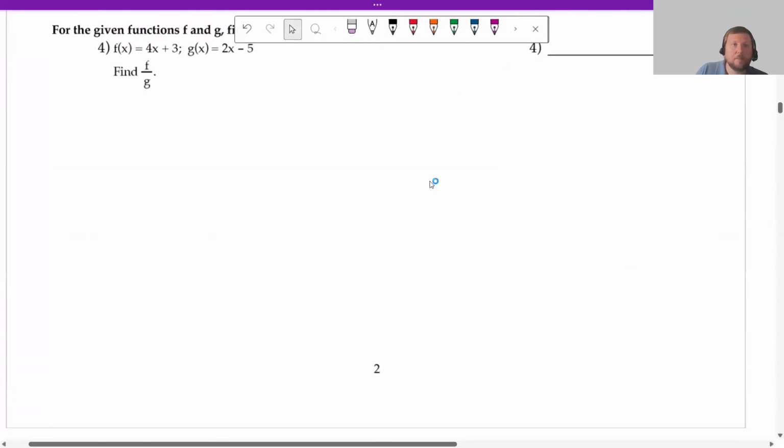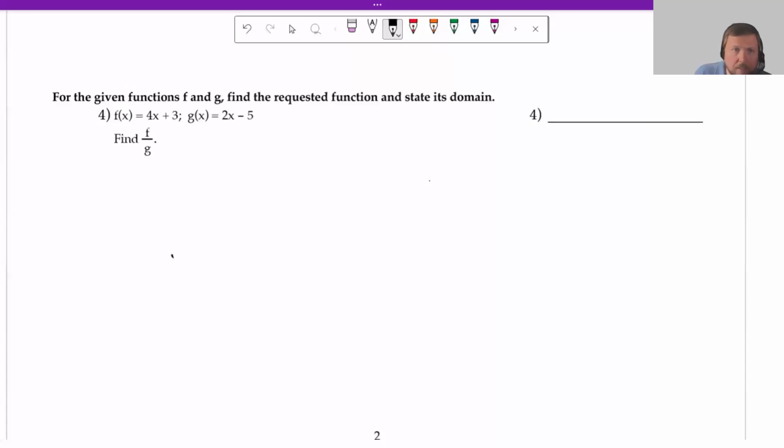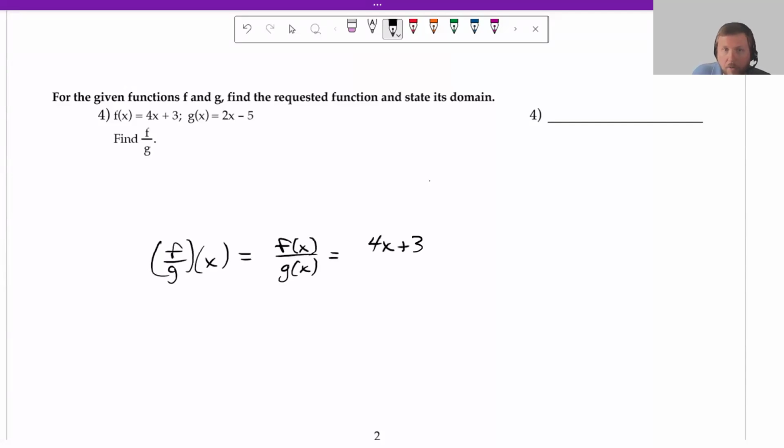Okay. For the given functions f and g, find the requested function and state its domain. So f over g. So f over g of x, that's going to be f of x over g of x. And then you substitute in what those functions are. So 4x plus 3 over 2x minus 5.